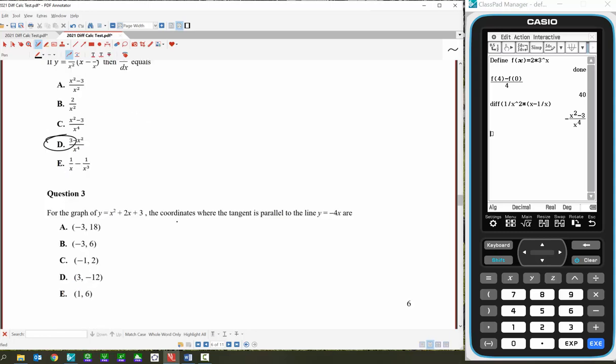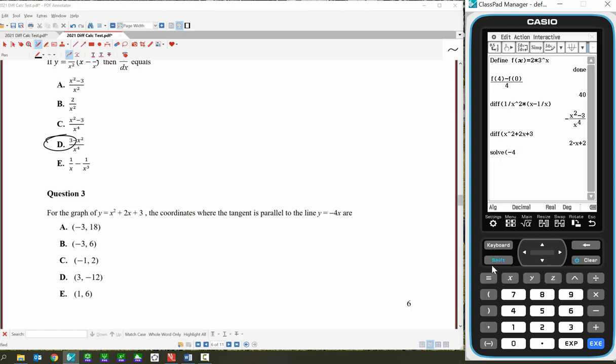For the graph of that, the coordinates where the tangent is parallel to the line y equals negative 4 are. Okay, so what we're going to do for this one is diff this thing here. Okay, so that's our gradient function. Now we're going to ask the gradient function, so shift equals for a solve.